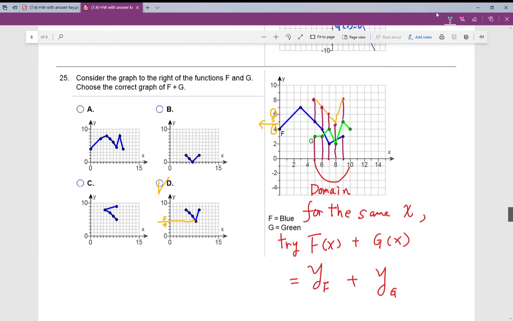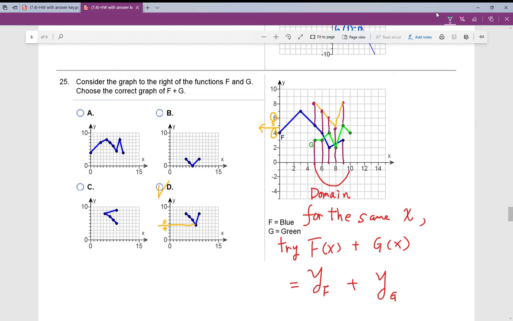Last question. The blue color is function f, and the green color is function g. How do you add them together? Again, the domain for f is from 0 to 9, right?